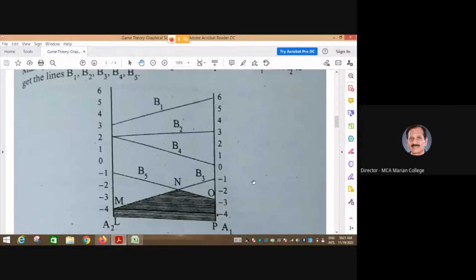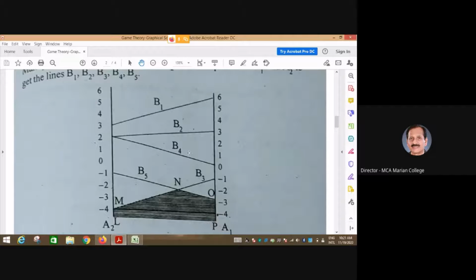That is the line which corresponds to the strategy B3. Then B4. The values are 0 and 2. 0 you can mark on A1 and 2 on A2. And you can join these 2 points 0 and 2. You will get B4. This is the line corresponding to the strategy B4.